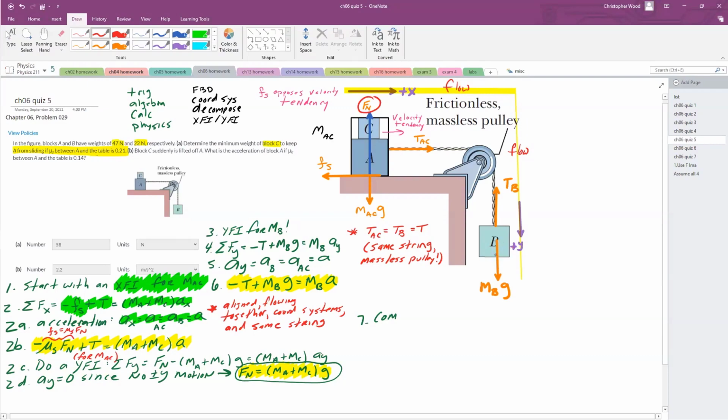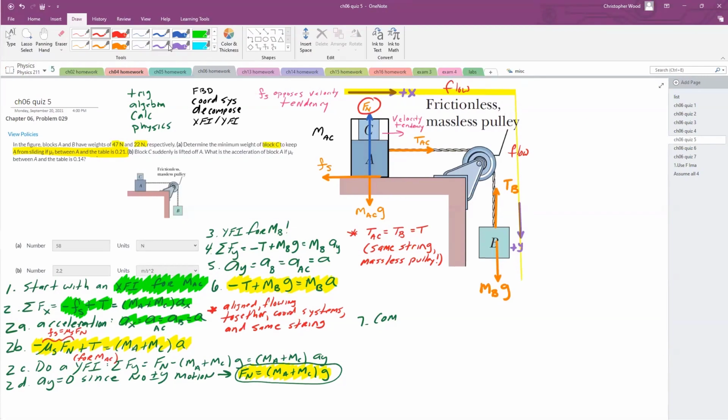I have plus y going down for mass B, but step one through 2D is all for mass AC. So does that make sense? Yeah. So AC has a different plus y, going up. Plus y is going up for AC. That's a good point. So you're right. I have to specify. It's a very good point, really.